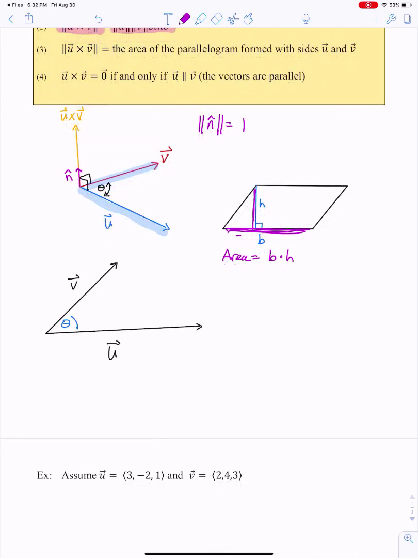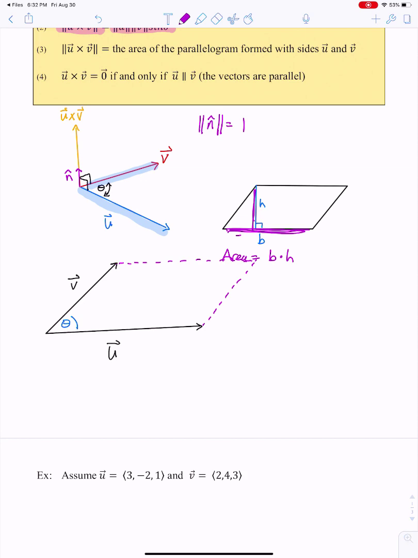Okay, so here are two vectors, u and v, and the angle theta between them. And if I were to think about completing this to make it into a parallelogram, it might look something like this. Like that. And so the sides are the vectors u and v.